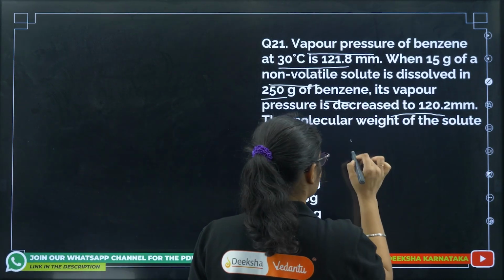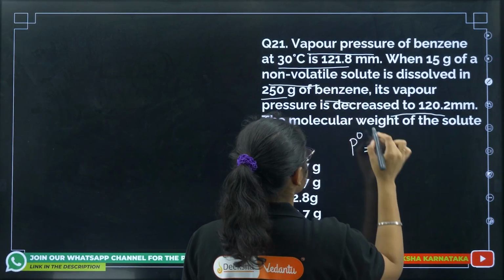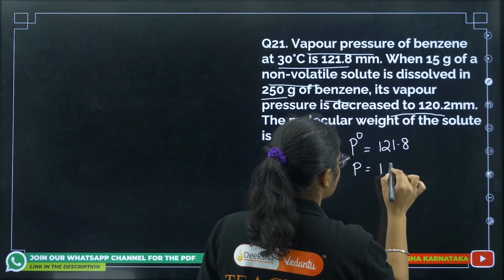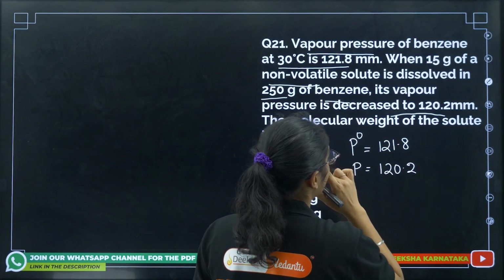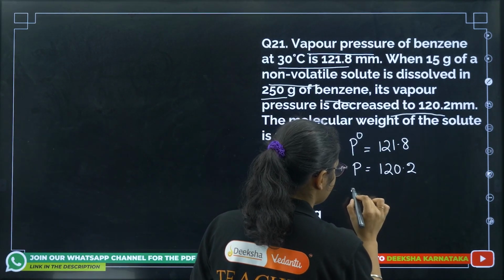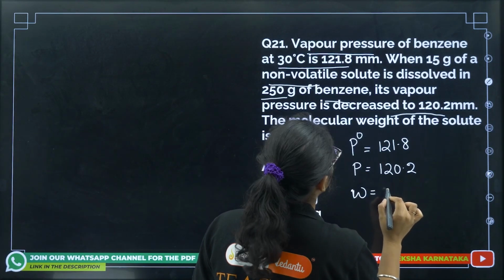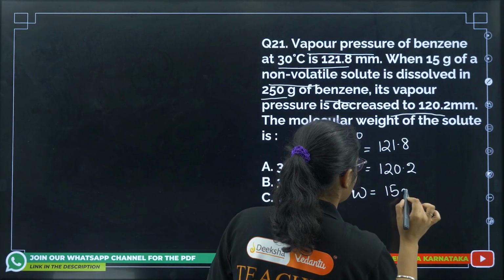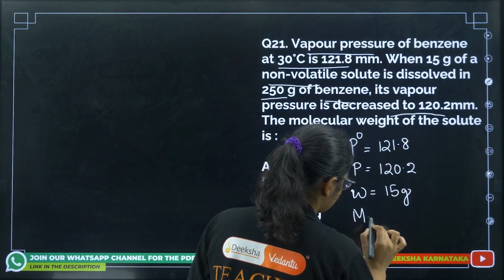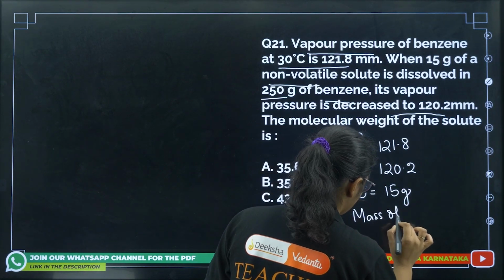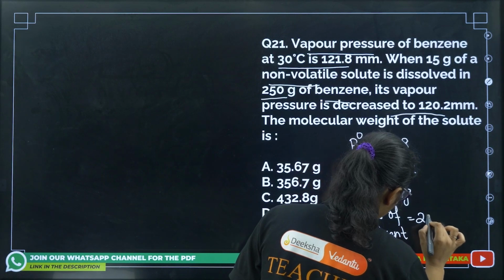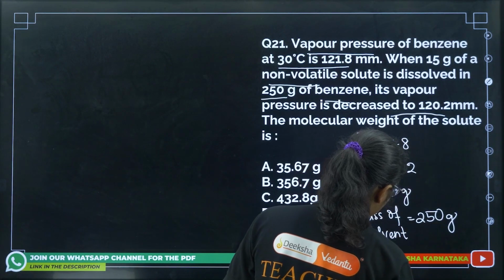So what is the vapor pressure of pure benzene? That is P naught, 121.8. What is the pressure of the benzene after adding solute? It is 120.2. Then the non-volatile solute added is 15 gram, and the mass of solvent is 250 gram.